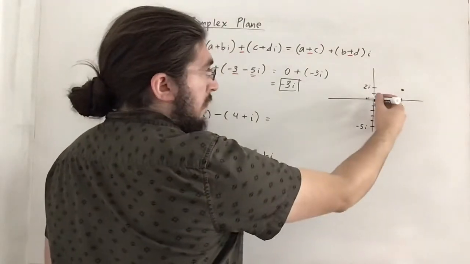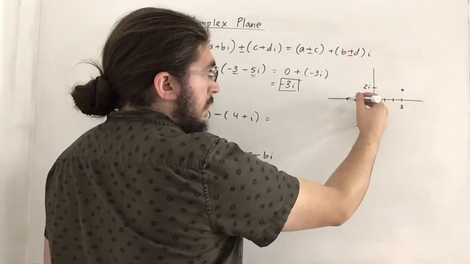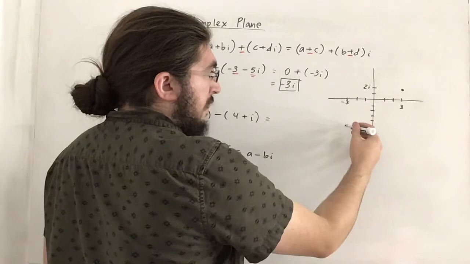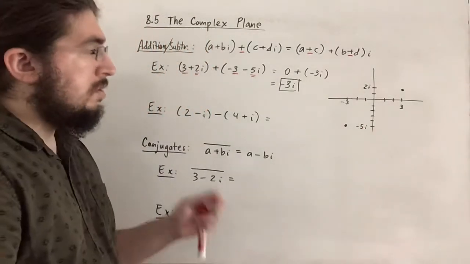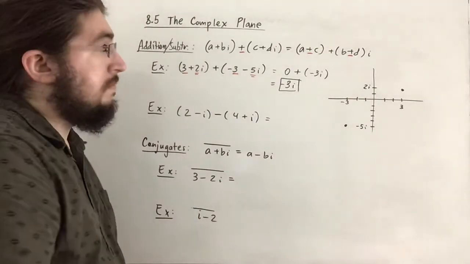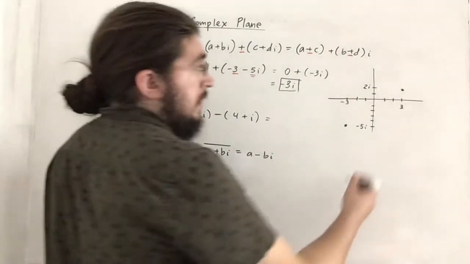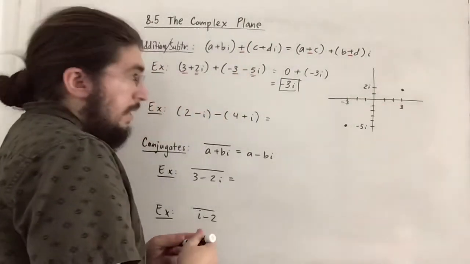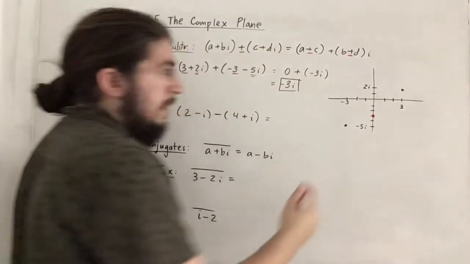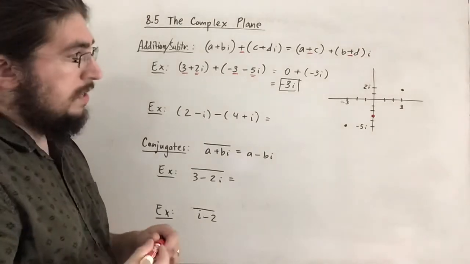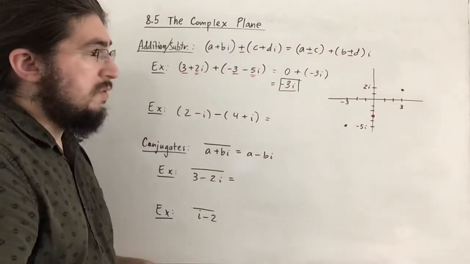Negative 3 minus 5i would be over here. That's negative 3 minus 5i down here. Perfect. So now, the result when adding these is actually negative 3i itself. So negative 3i, let me plot that in red, is here. 3 units down on the imaginary axis, if you will.